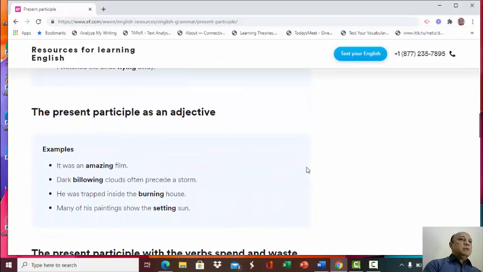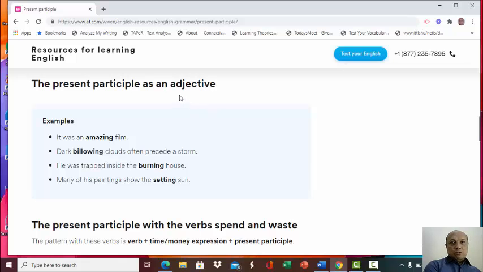The present participle as an adjective. Now it can be used also as an adjective. It was an amazing film. The amazing here modifies or explains the noun film. Yeah. So as you probably have learned from our previous grammar lessons, an adjective modifies the noun in front of it.